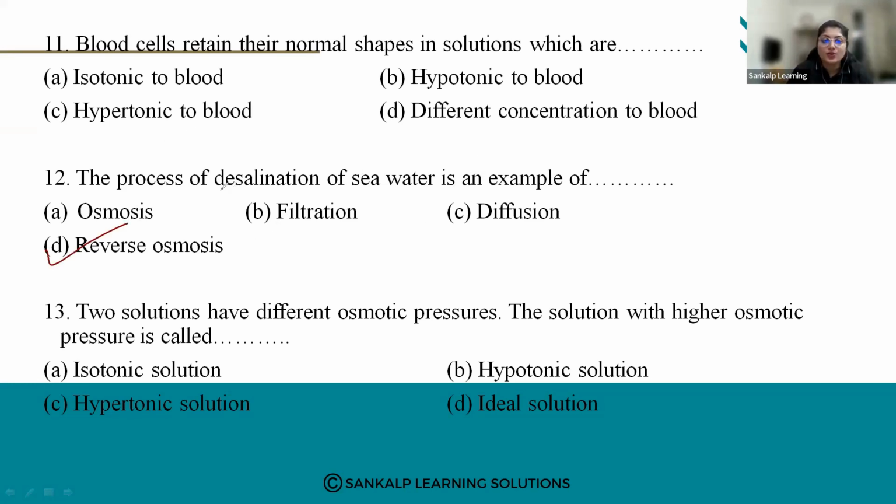Remember, if they ask you a very important question for 2 marks, what is reverse osmosis and give an example, the best example for reverse osmosis is desalination of seawater. Write the word desalination, not distillation. Many of you write distillation of seawater. That is wrong.